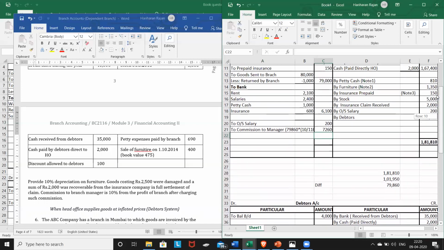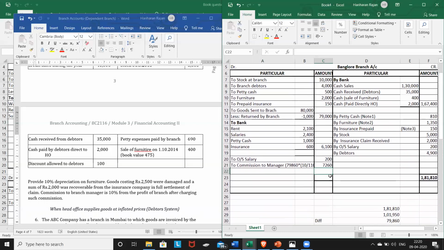Okay, so we got the answer. Now the highest amount is to be written on both sides. 1,81,810. So total of this is 1,09,210.